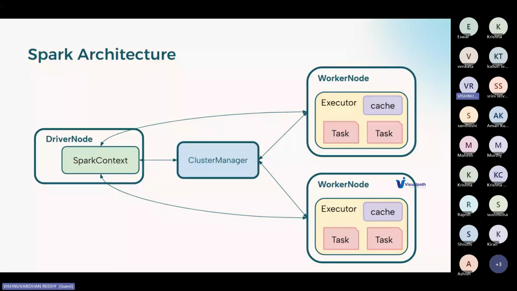Whenever a query is run, the SQL engine first creates an execution plan. That kind of plan is created in Spark architecture as well, the directed acyclic graph plan. A lot of components are present in the Spark architecture; I'm just giving high-level information.